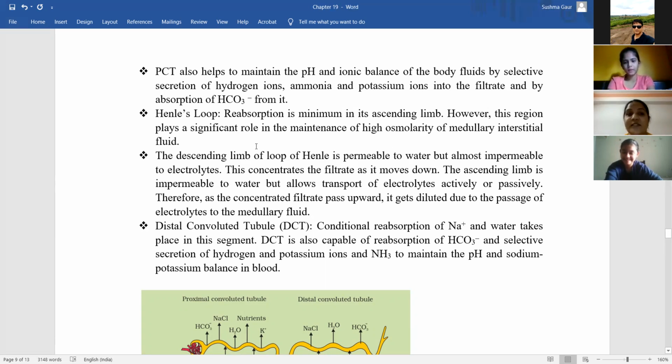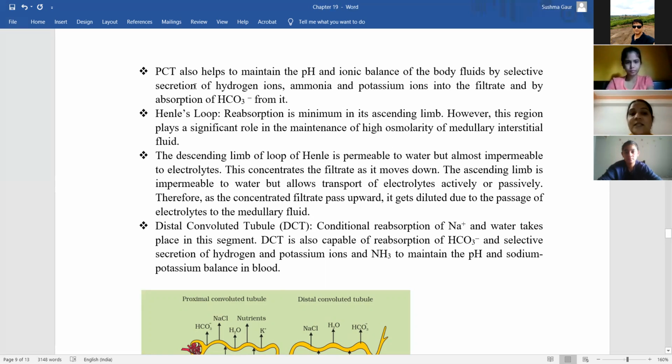Okay. So what is the function of the proximal convoluted tubule? That is the region present just below the Bowman's capsule. It is mainly responsible for maintaining the pH as well as the ionic balance of the body fluids. I have told you earlier what body fluid is, so I think I should not repeat it, right? So how do they maintain the pH and ionic balance? First, they do selective secretion.